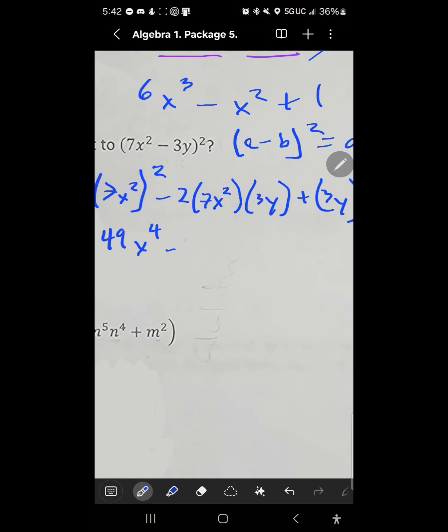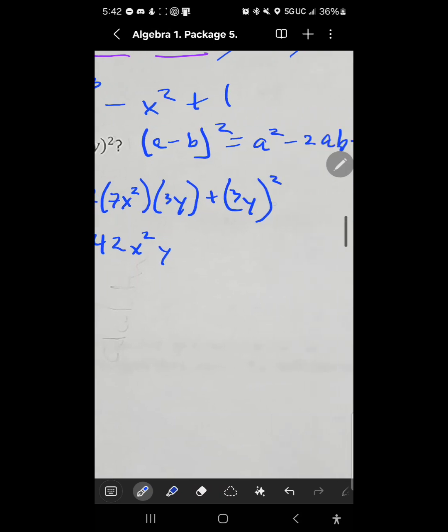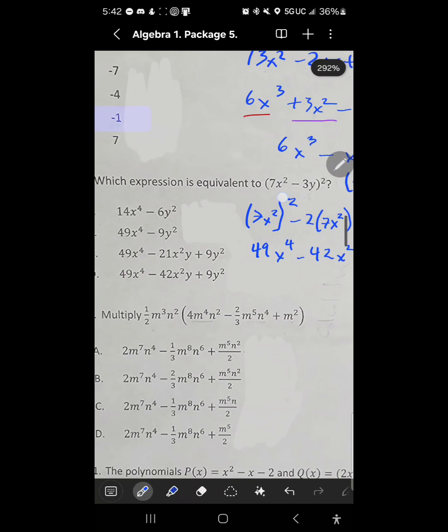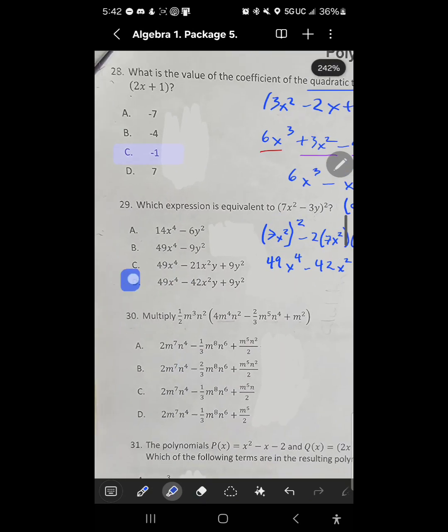Since they have different variables, we just say 42 x squared y. And then 3y, all of that squared, will be 3 times 3, 9, y times y, y squared. So this right here is our answer, which is option D.